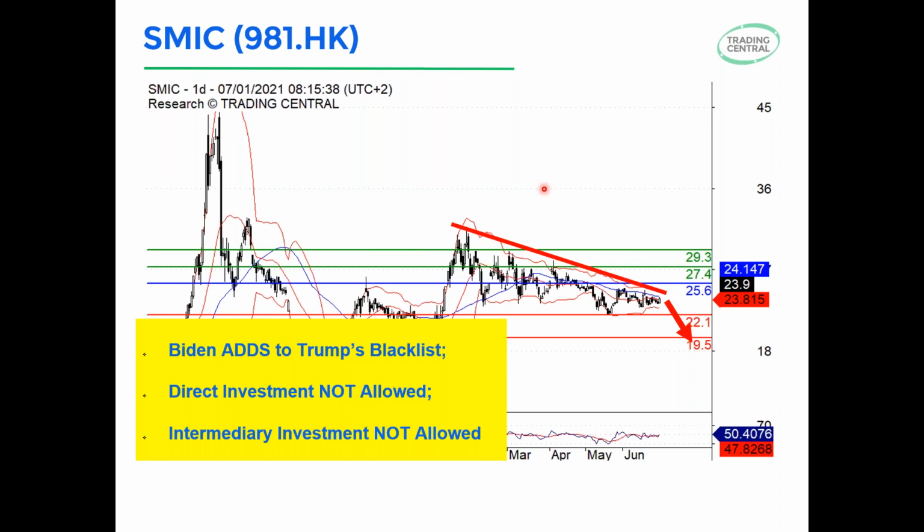But if we lack institutional investment, institutional money, capital, it is very hard for us to see a substantial rise in the share price. I hope you will understand what I mean. That's why at the moment we are a little bit bearish on this stock. As you can see, the declining trend line, the red line, is still very intact.